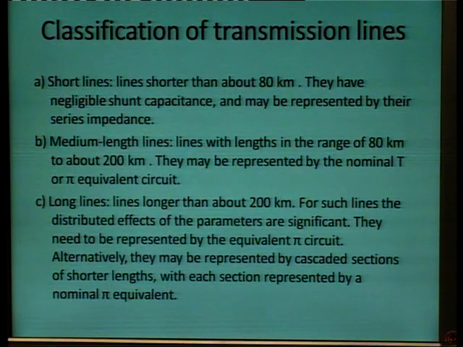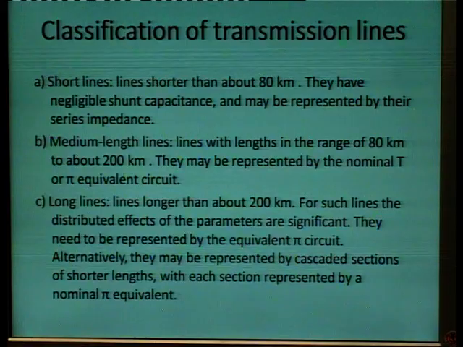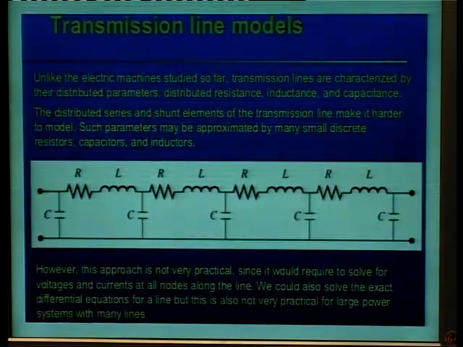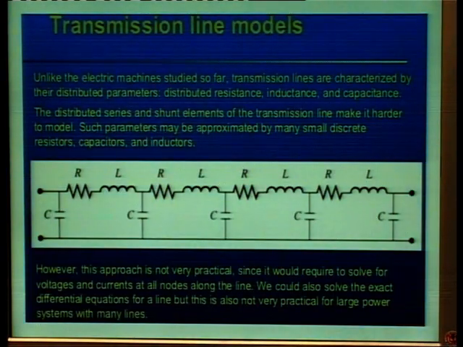Another method to solve the problem of long lines is that we may represent cascaded sections of shorter lines, with each section represented by a nominal pi equivalent circuit. Now, the diagram shows a long line in which we have distributed smaller sections of lines. So, by combining these smaller sections of T and pi, we can form a longer line that can be resolved to solve a problem.